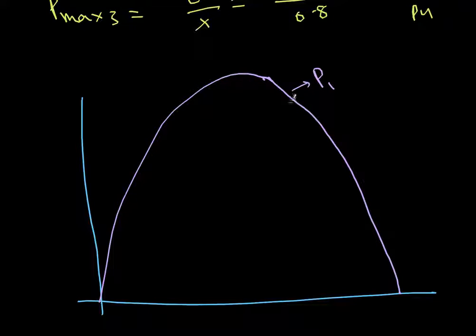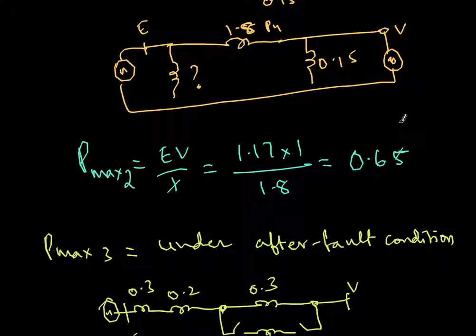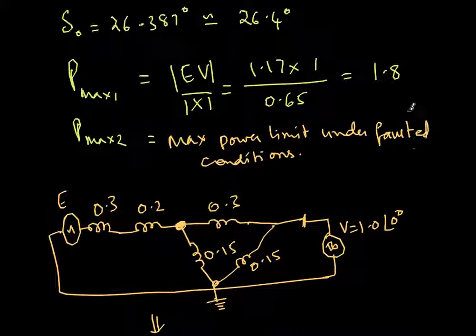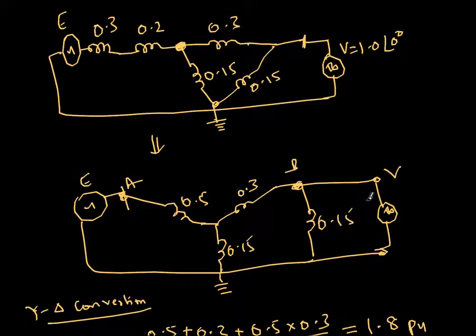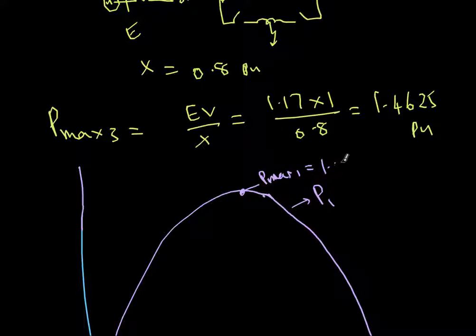So the maximum value here, Pmax 1, will be equal to 1.8 per unit.